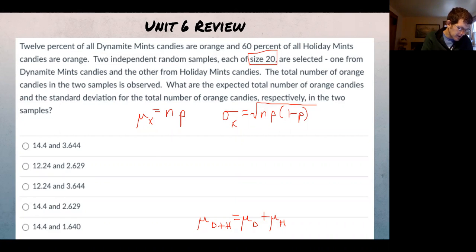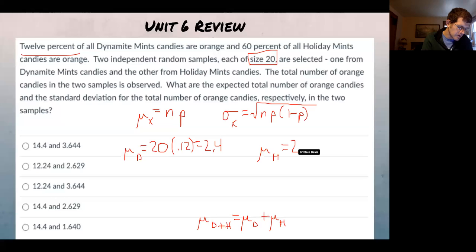Okay, so let's get the mean for dynamite mints. I know that I have 20 mints, and the probability is 12%, so 0.12, which gives me 2.4. The mean for holiday mints, I'm still going to have a sample of 20, but now I'm going to have a 60% probability, which gives me 12.0.